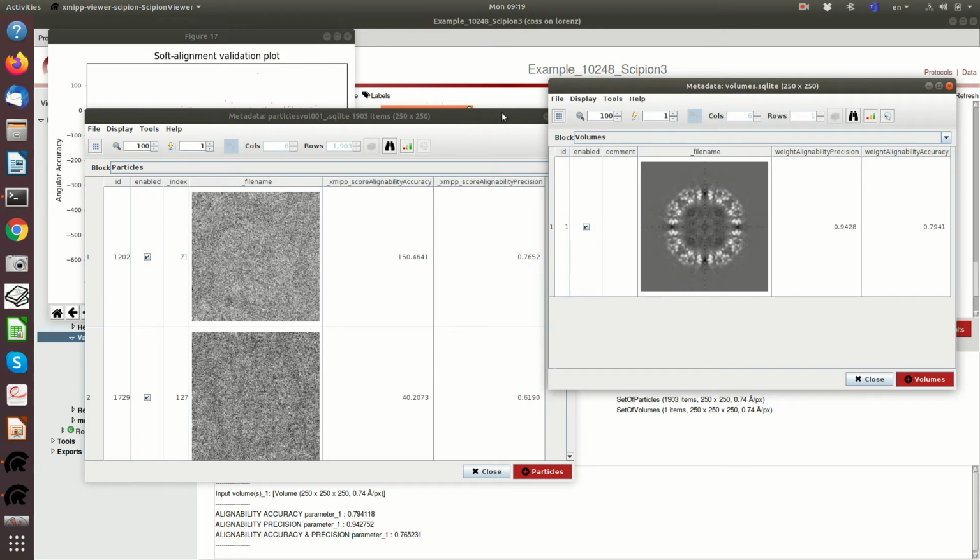The other one is this: all these angular assignment algorithms start by making a global angular search, and then at some point they go into local angular searches, and it may be that they got trapped into local minima.